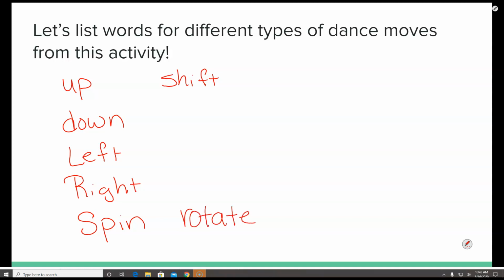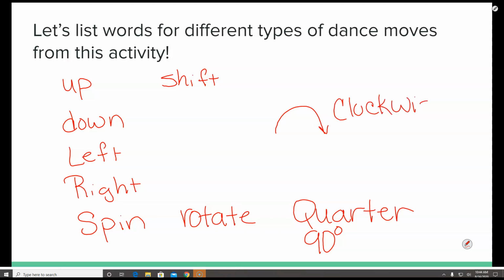Okay. And there are other words that you need to put in when you talk about rotate, so you know how far it rotated. Maybe it only did a quarter turn. Maybe it only went a quarter of the way. Or you could have called it a 90-degree turn. Then you also have to have the direction that it turned in.